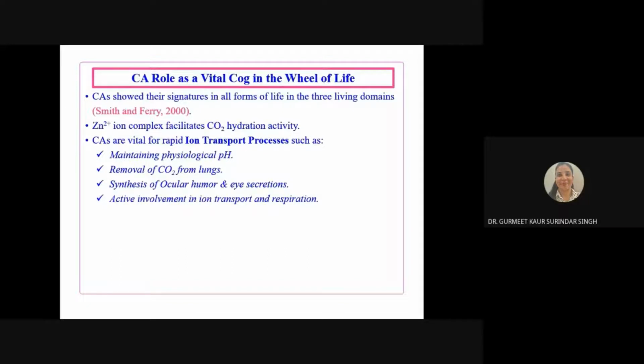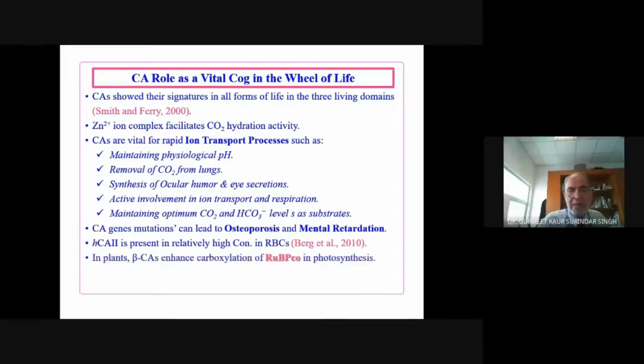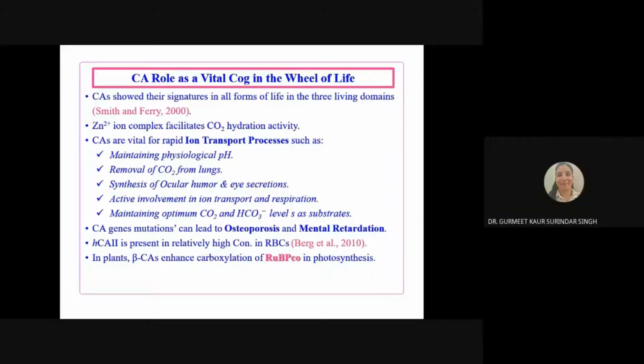This is the first observation to watch with the rest of the researchers. And also it maintains optimum substrates from carbonate and carbon dioxide. In addition to its effect on osteoporosis and mental retardation, and in the RBCs, in addition to photosynthesis, ribulose bisphosphate carboxylase.